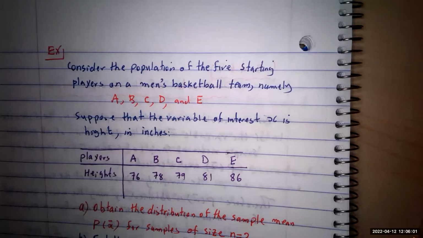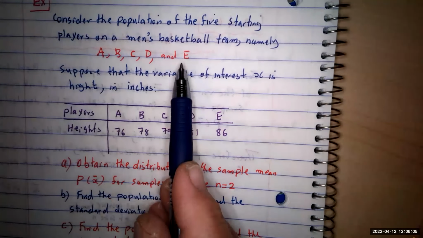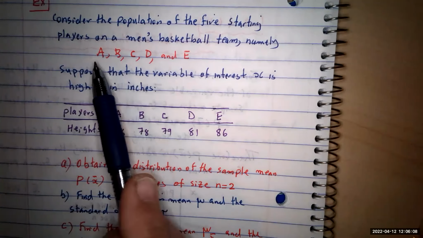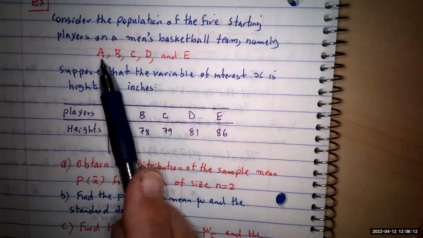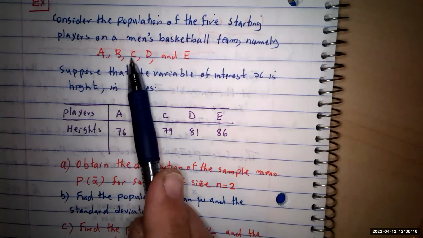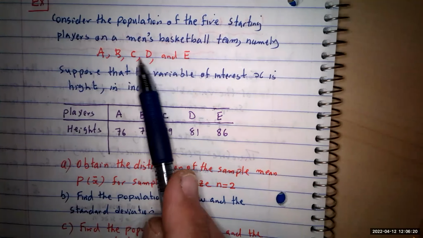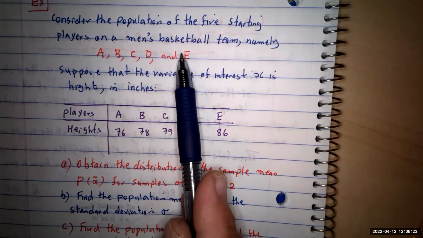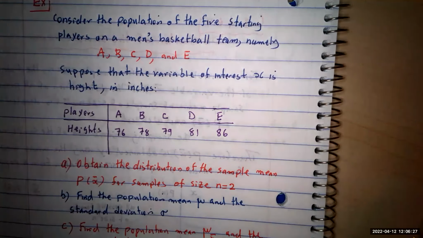Are you ready? Remember, we have 5 players, A, B, C, D, E. I want to pick all the possible 2 players out of the 5. The easiest way is AB, AC, AD, AE, then I come back, BC, BD, BE, CD, CE, DE. AB and BA are considered to be 1, of course.